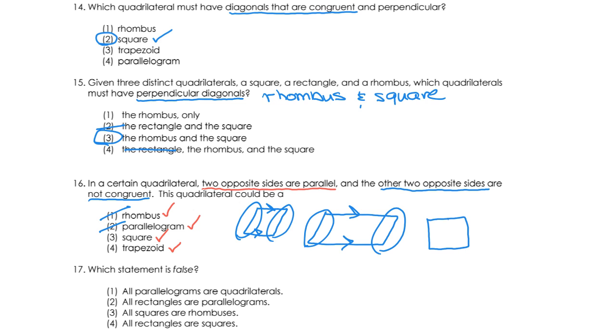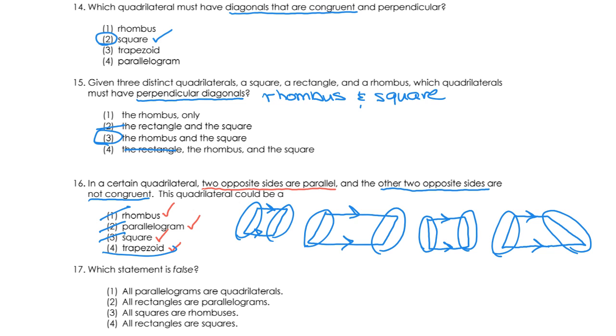In a square, the other 2 opposite sides are congruent. In a trapezoid, if these are the 2 sides that are parallel, these would be the other 2 opposite sides, and they are not equal. So it's got to be a trapezoid, because the other shapes all have this property, but that side and that side do not have to have the same length.